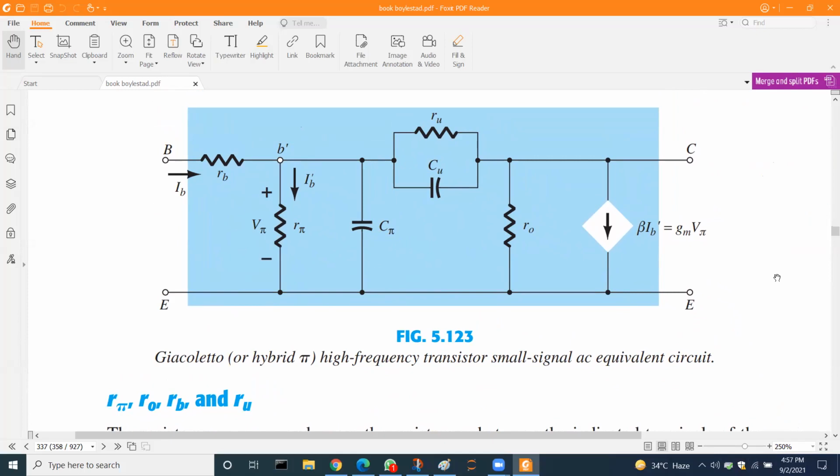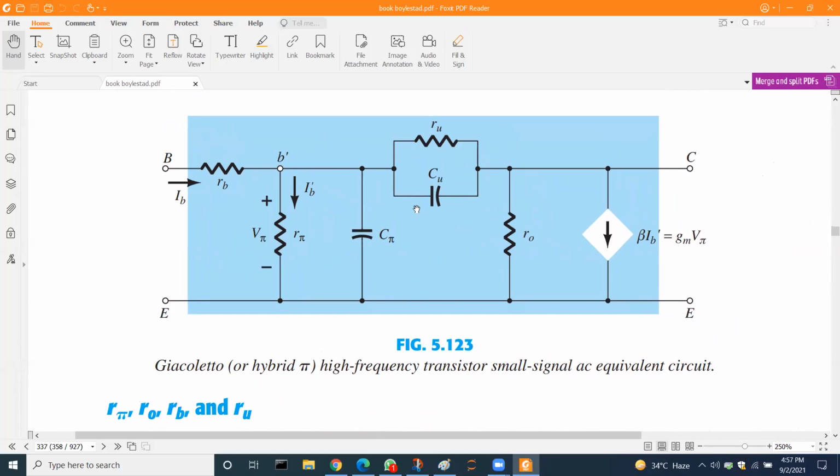So tomorrow, inshallah, we will primarily discuss this hybrid pi model, and we'll see the formation of this model because it contains capacitance, and the effect of frequency.